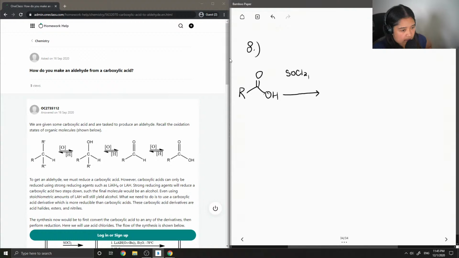The first is to replace the alcohol group with a chlorine. And then the second step is to use the following reducing agent. So I'm going to write it in two different ways.